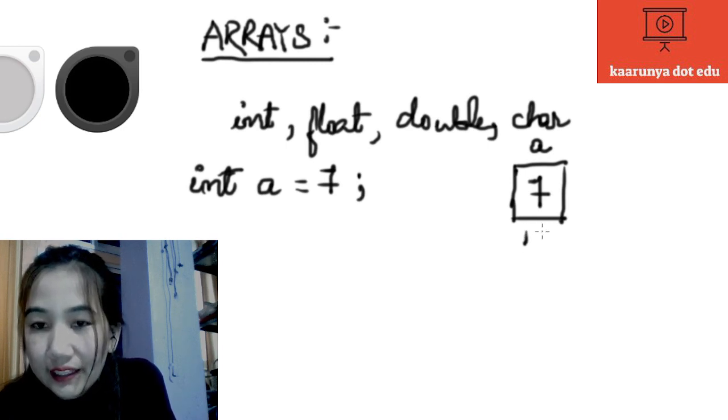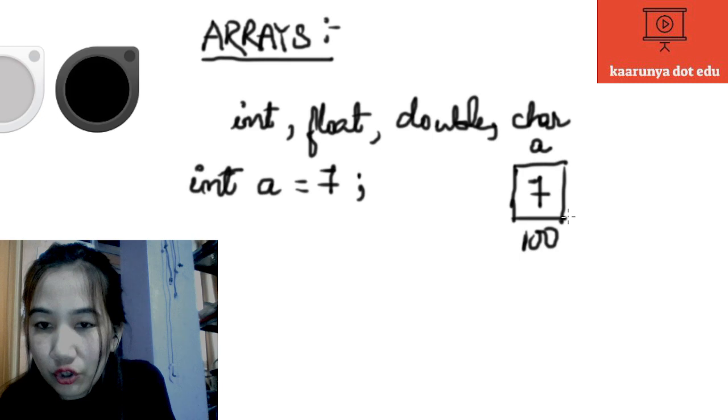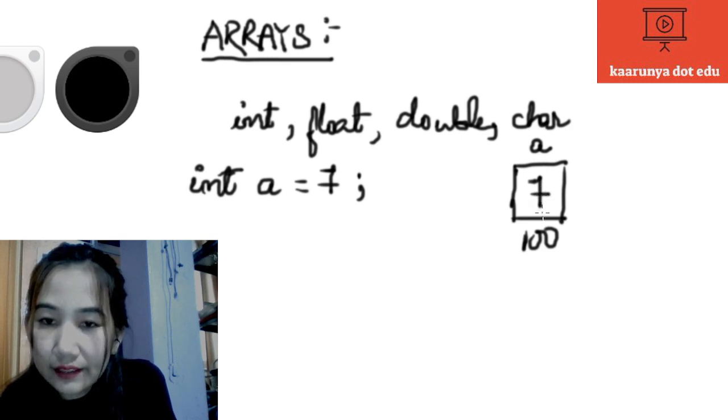We can take any value; let me take 100. You can take 200, 300, any number of your choice, but for example I will take 100 here. So this is how the number 7 is going to be stored inside the memory.